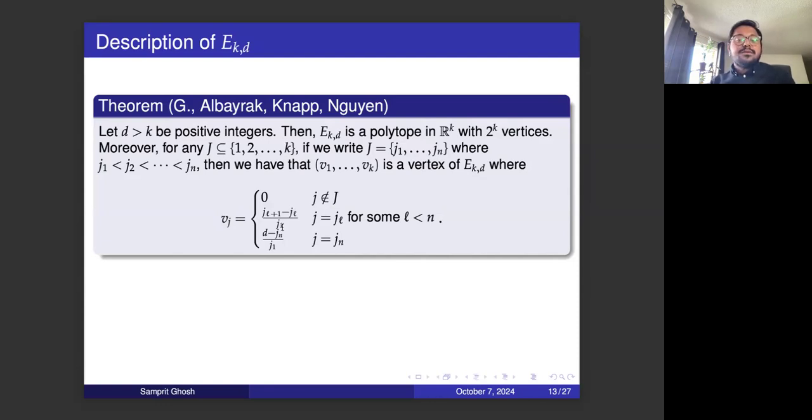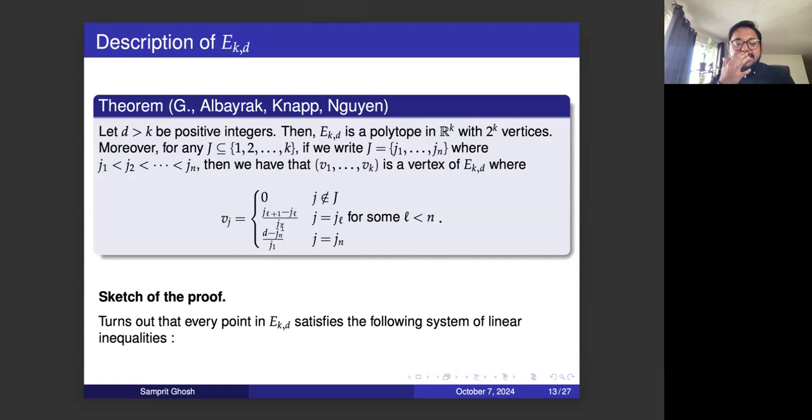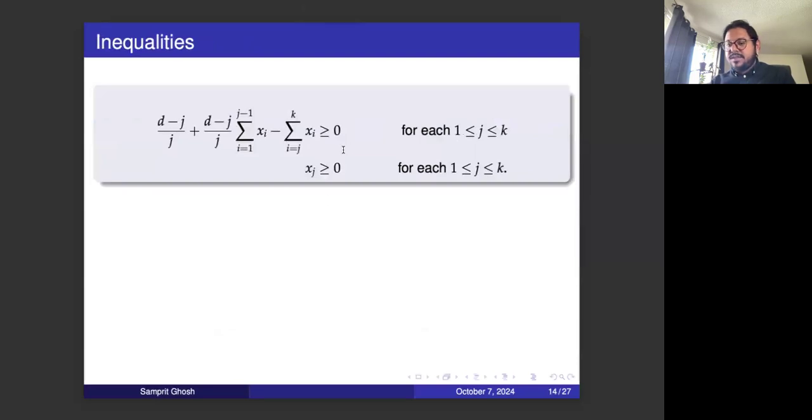Okay, so here's a sketch of the proof. It turns out that every point in EKD satisfies the following system of linear inequalities. I'll tell you what the inequalities are and how to go about them first, and then I'll tell you where they are coming from. So this is the set of inequalities.